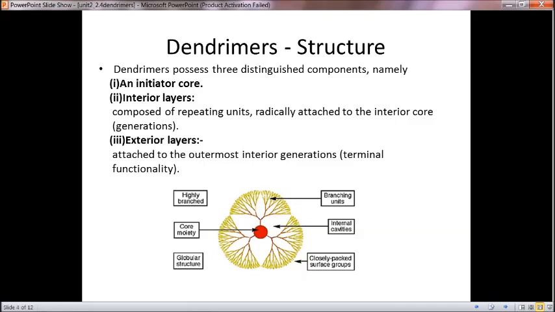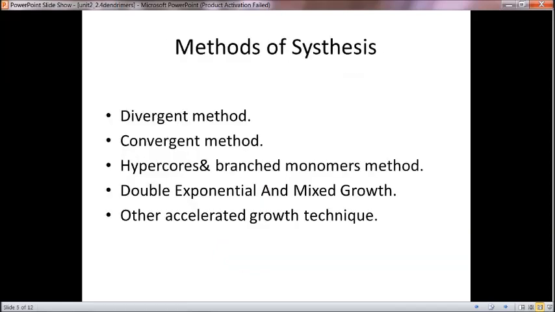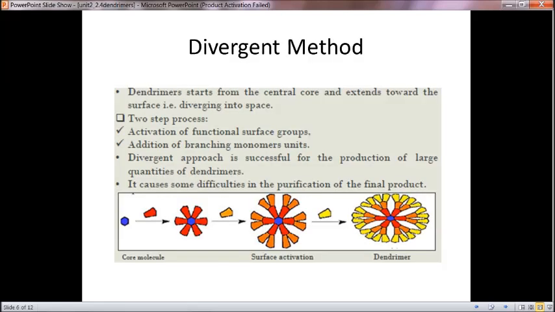There are 5 methods of synthesis for dendrimers. They are the divergent method, the convergent method, the hypercores and branched monomers method, the double exponential and mixed growth method, and other accelerated growth techniques have also been reported. In the divergent method, the dendrimer starts from the central core and extends towards the surface, diverging into space, and so the method is called the divergent method.